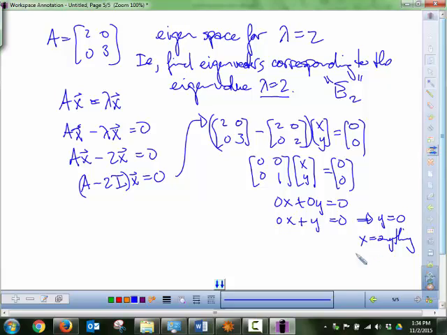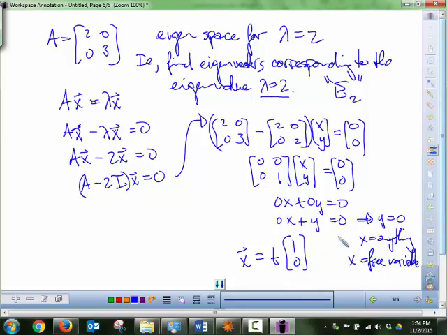So x is a free variable, and y is forced to be equal to 0. So our vector is looking like some t times 1, 0.